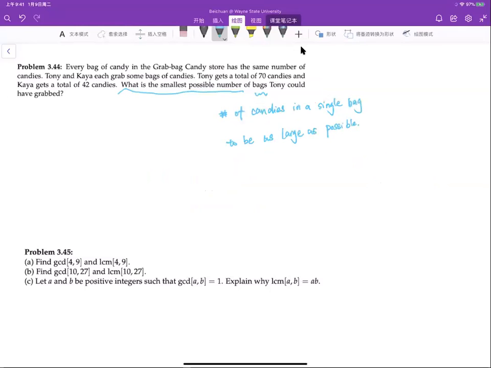If every bag has only one candy, that's possible, right? But it's not the largest one.